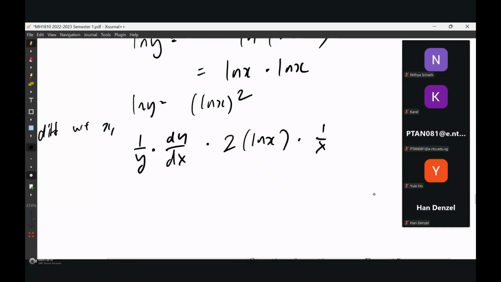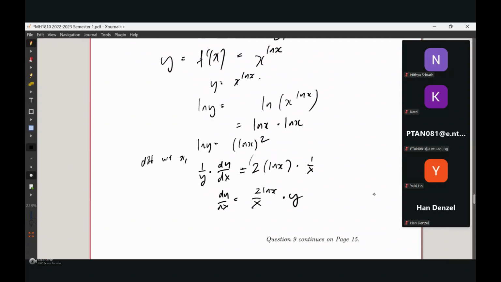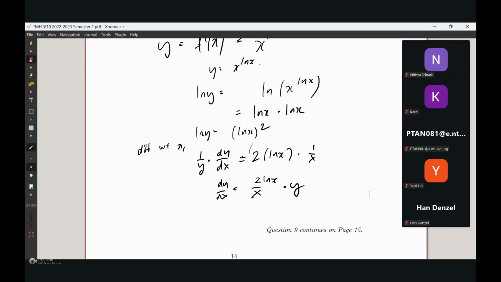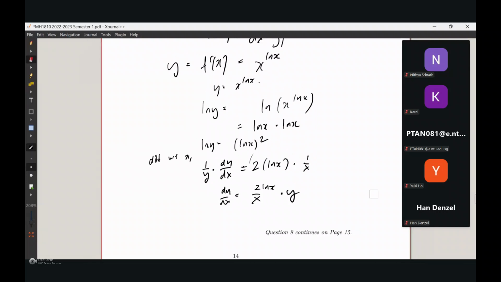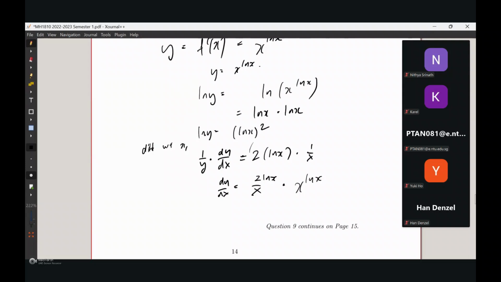So dy dx equals y times 2 ln x over x. Because y is x to the power ln x, all you need to do is substitute x to the power ln x. No need to simplify.